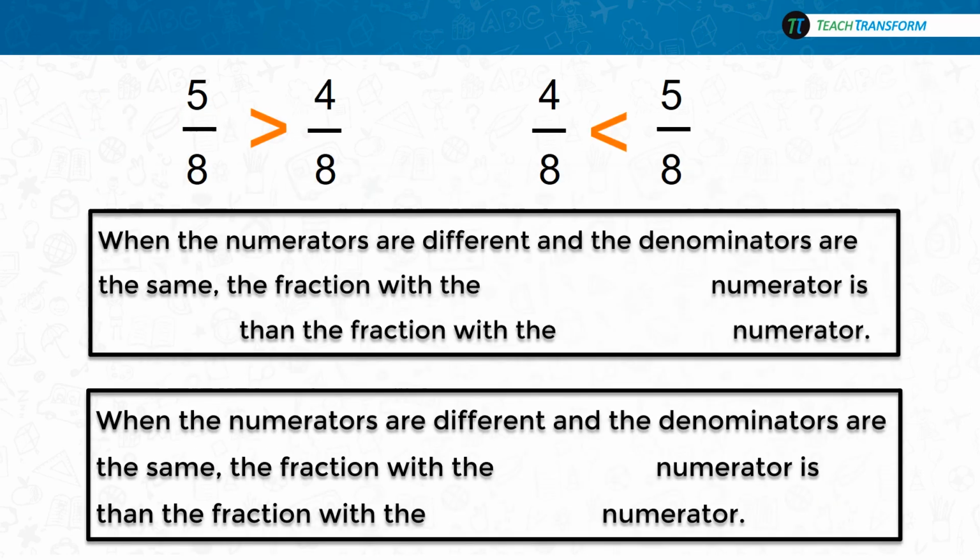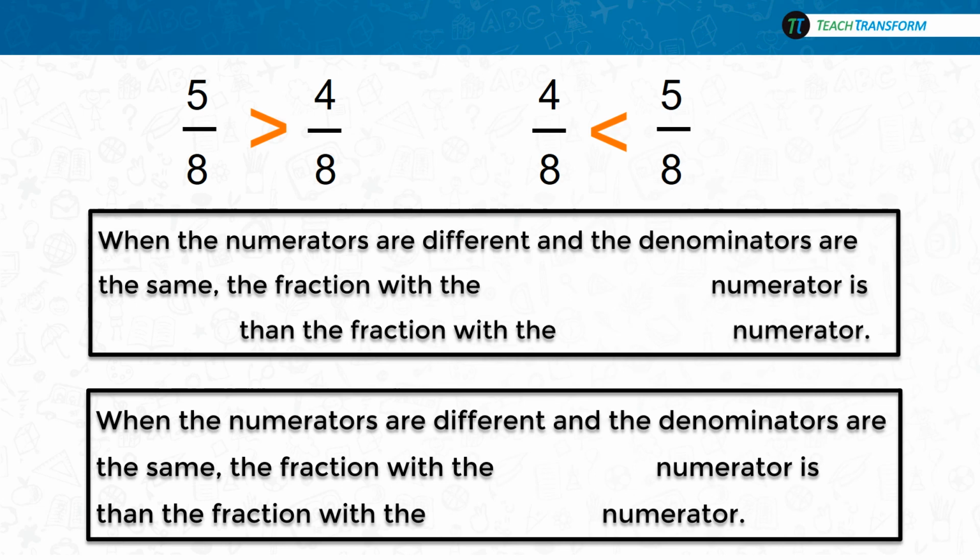Let's look at what you should have filled in. First, look at the comparisons. How do you write a comparison between 5/8 and 4/8? There are 2 ways to write it. 5/8 is greater than 4/8, or 4/8 is less than 5/8. Now let's look at the words. There are 2 different ways you could have filled it out.